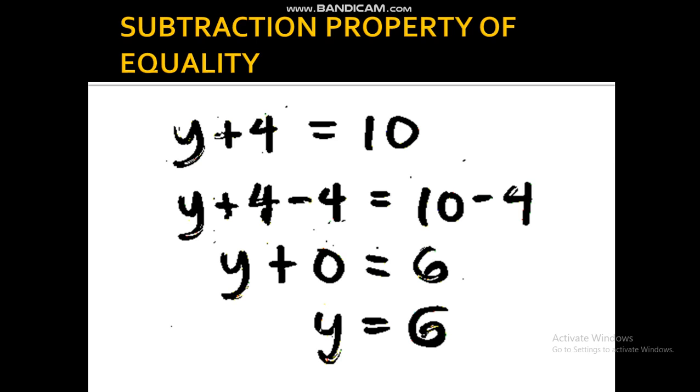So that results in the third step: y plus 0 equals 6, and y plus 0 equals y. The difference 6 remains on the right hand side. So in the last step, y equals 6. This is the value of the variable y.